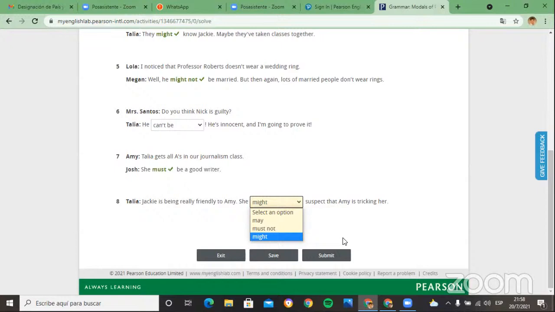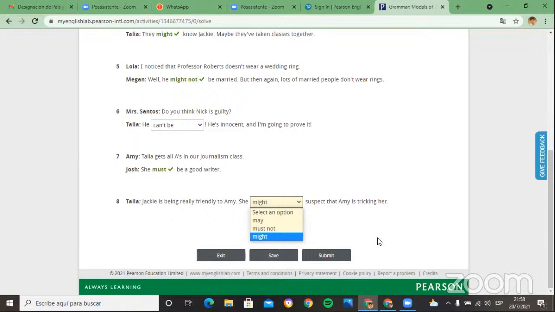Okay, so you think that the correct answer can be may or might, right? Yeah, I can see a really big difference in this specific exercise. Okay, so in this case, also I can say that. What about, do you think that also can be correct with must not? Or as I told you, that can be about one context. But if you want to use may or might, there exists just a little difference that I told you, right?